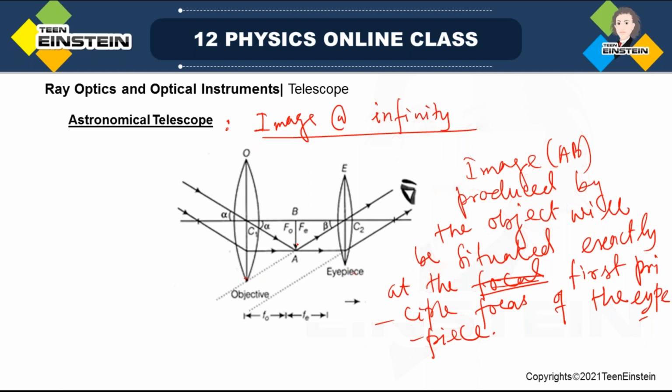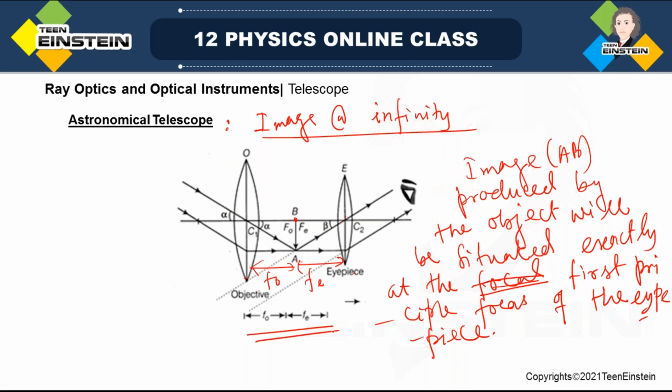I'll explain. See the image A and B, where it is situated: it is exactly situated at the focus of the eyepiece. So this position is Fe. You can see this distance is Fe, and this distance is Fo, which is shown here. For parallel rays, the image of the object will be created at the focal plane.